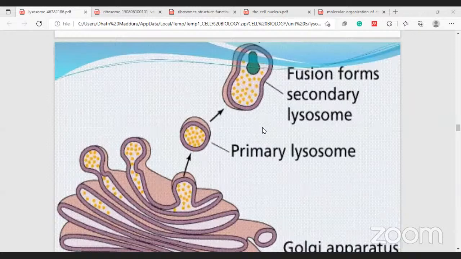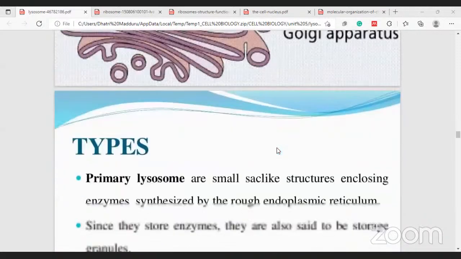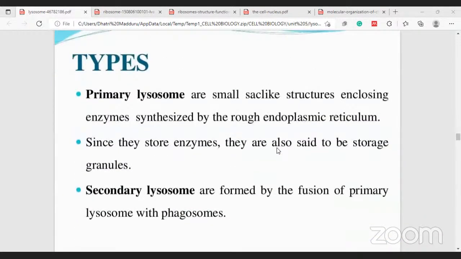Then different lysosomes will fuse and form secondary lysosomes. So what are primary and secondary lysosomes? Primary lysosomes are small sac-like structures enclosing the enzymes which are made from the rough endoplasmic reticulum. That means they store these enzymes, and we can call them storage granules.